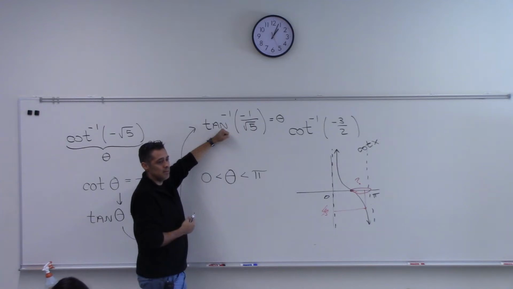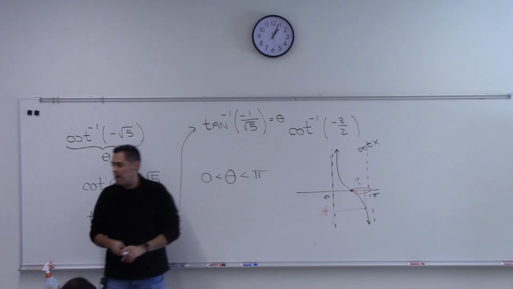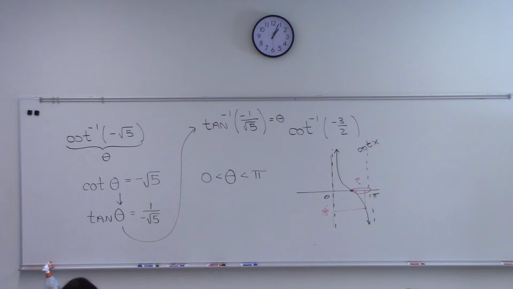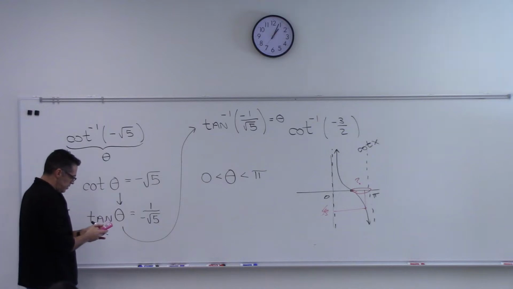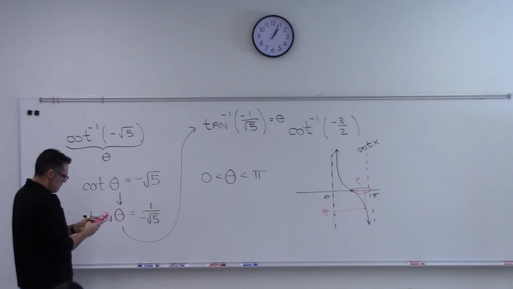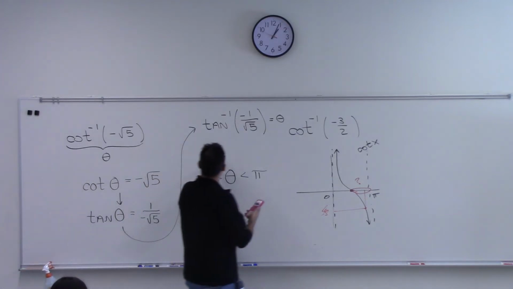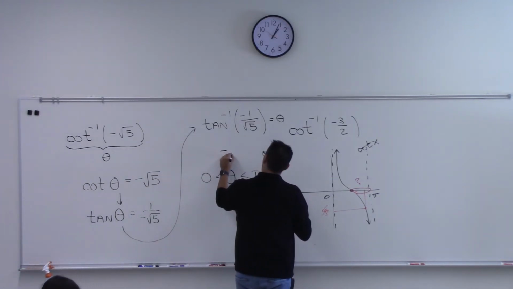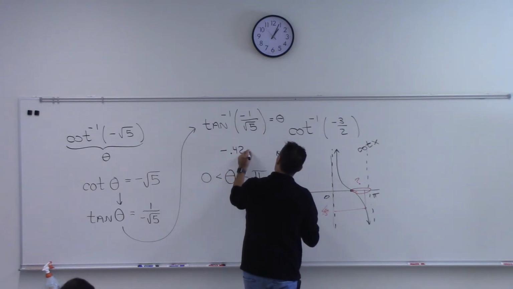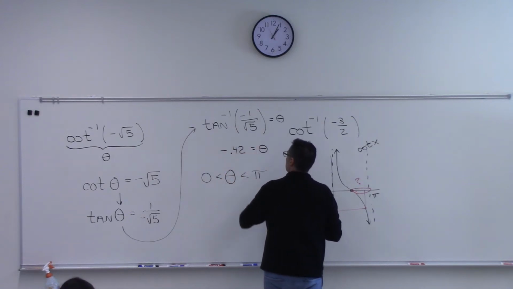So put that into your calculator. I am in radian mode on my calculator. So I'm about to do tangent inverse of negative 1 over the square root of 5, and I get an answer of negative 0.42 is equal to theta.